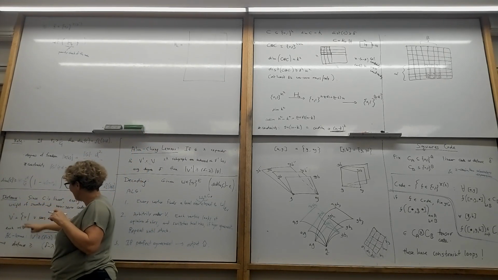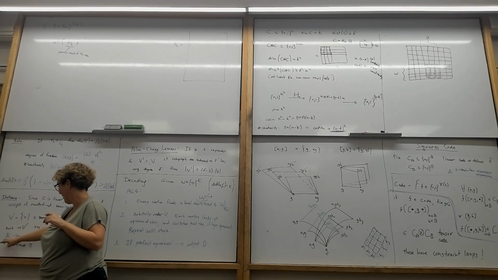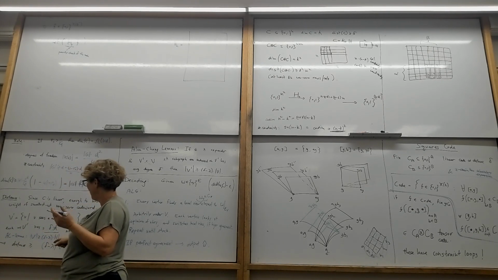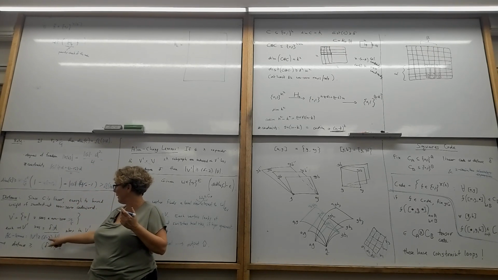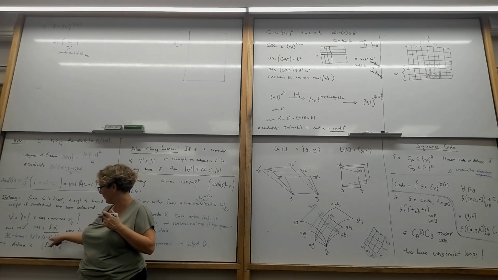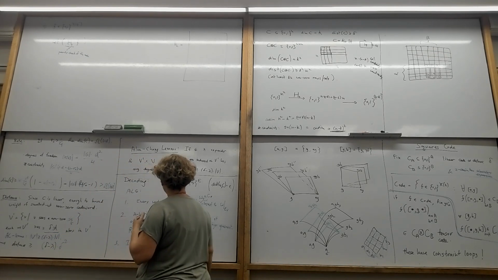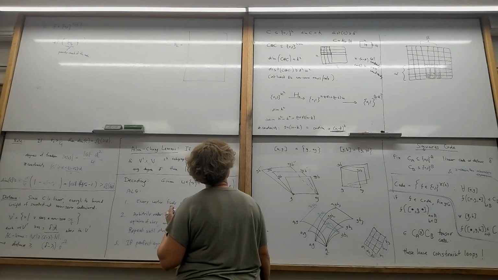When we prove distance, this lemma requires that the graph is a lambda expander. Every graph is a lambda expander. It depends what lambda is, right? If lambda is 1, or close to 1, for example, you don't get anything. So which graph do we need to be a lambda expander?